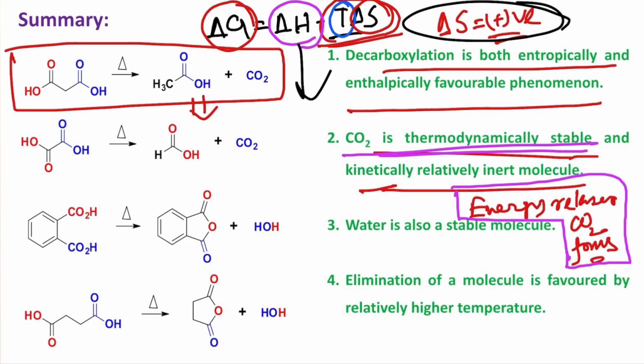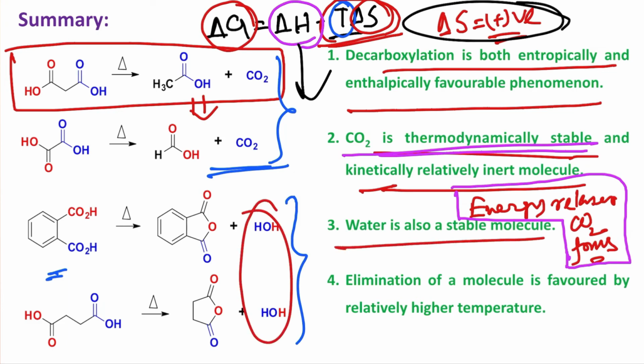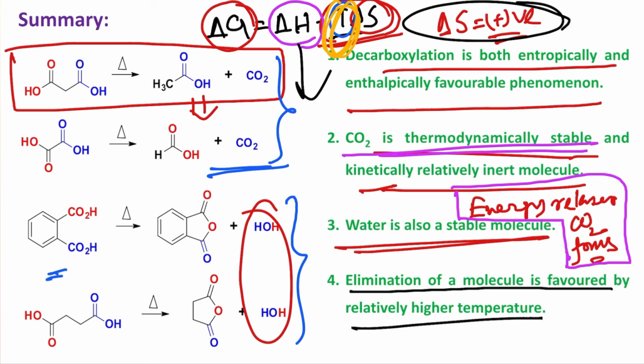Fine. Now the third point. In the first two cases, oxalic and malonic acid, we observed CO2 elimination, that is, decarboxylation. But in the case of succinic or phthalic acid, water elimination is the important phenomenon. Why? Because water is a stable molecule. And elimination of a molecule is always favored at high temperature, because at high temperature the contribution of the temperature term is more.